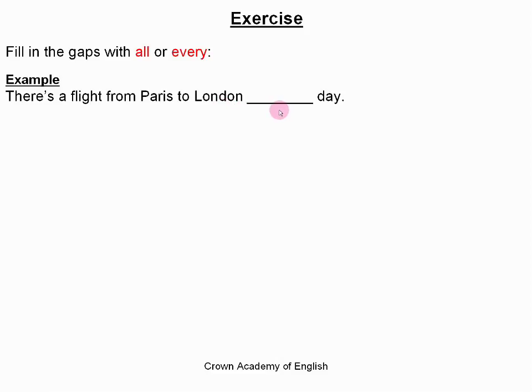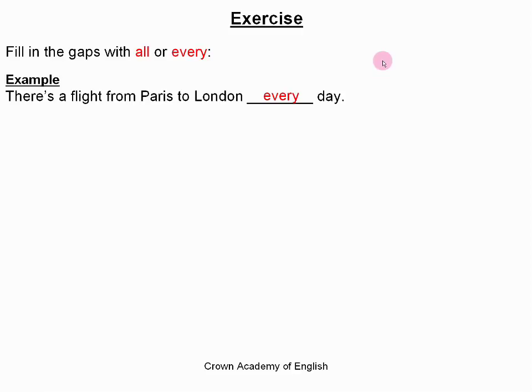So what is the correct word? Should we say all or every? What do you think? Well, the answer is every. Okay, we are talking about something that's happening regularly. And so we say every day.